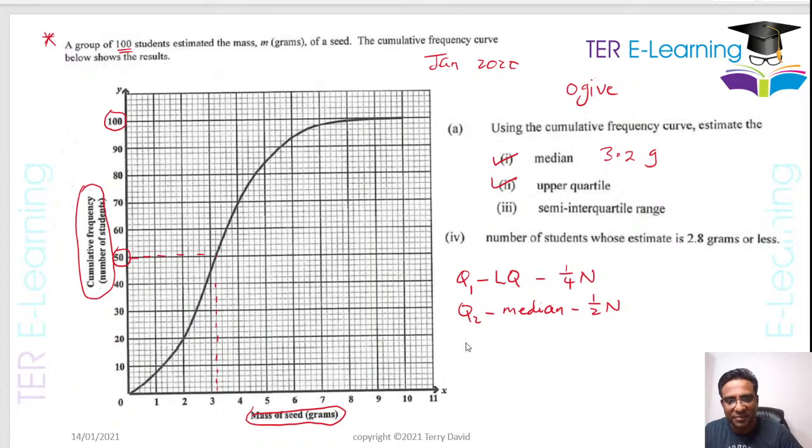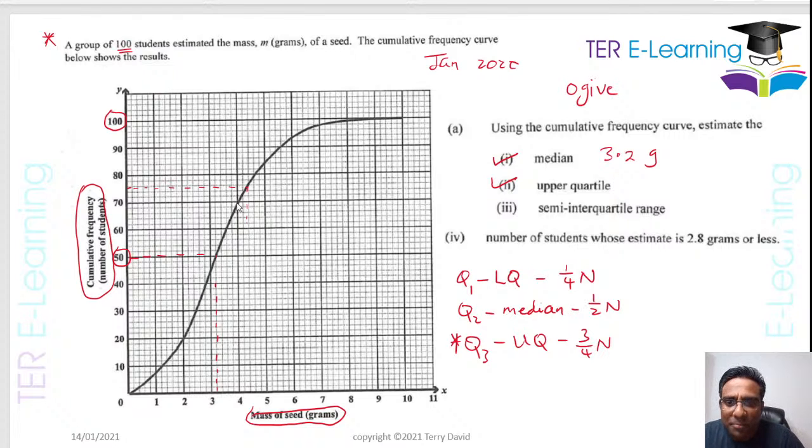We're going to read off from the graph. Then we have Q3, which is our upper quartile, which corresponds to 3/4 of our data. So in this case, we want Q3. 3/4 of 100 is 75. So we're going to come across here and read off 75. We come across until we reach the curve, and then come down and read off this value.